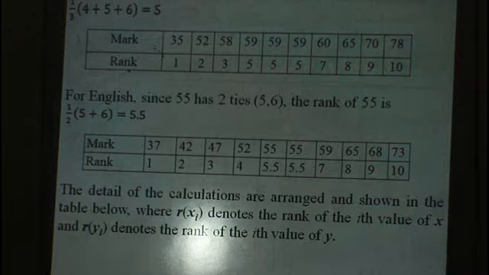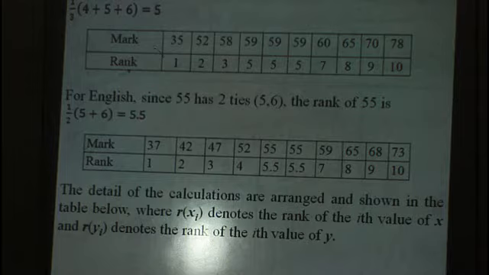So ranking as such, you will get 35, which is the lowest mark, up to 78, which is the highest mark obtained by the pupils in mathematics. Starting from 35, we have 1, 2, 3, 5, 5, 5, 7, 8, 9, 10.